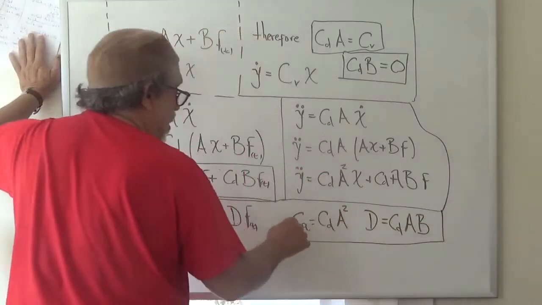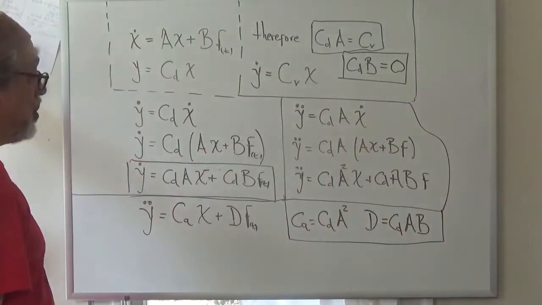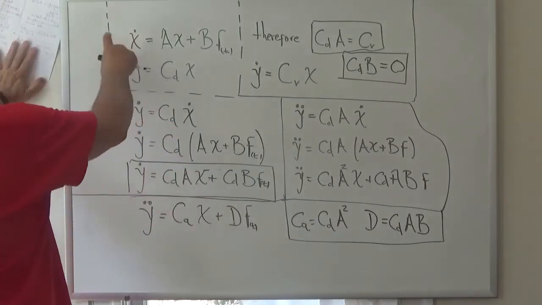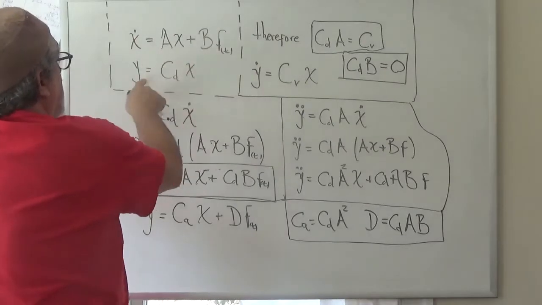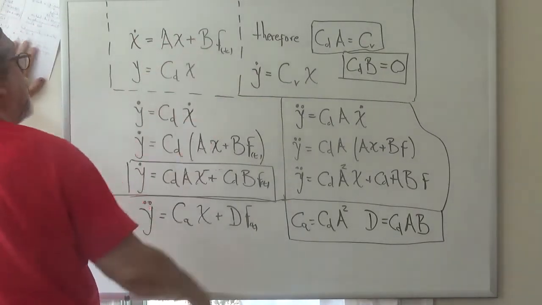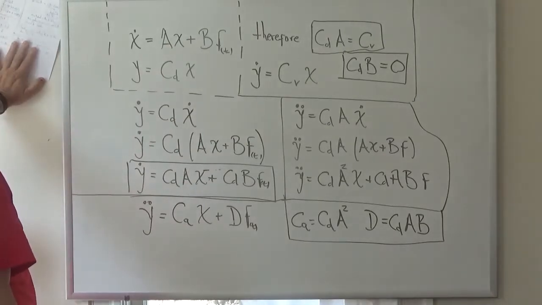So we have in front of us now a number of relationships that we have derived by simply starting with the state space equation and the output equation and looking at the simple derivatives plus the substitution of the original equation. Okay?